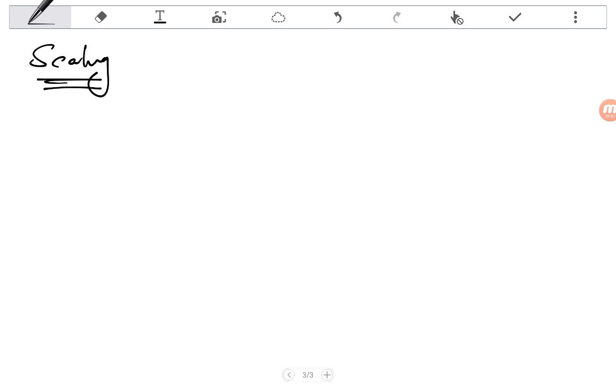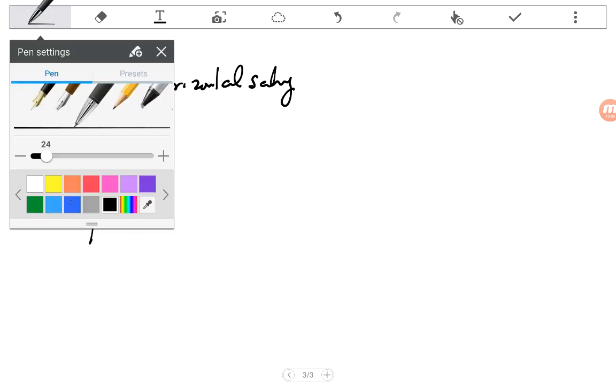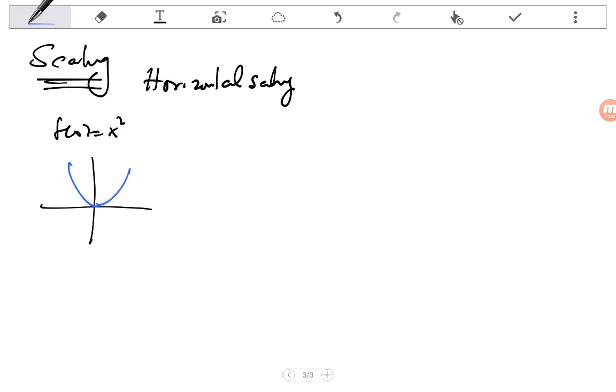Now let's check horizontal scaling. If I have f of x equal to x squared, this is my function. How would this transformation happen?